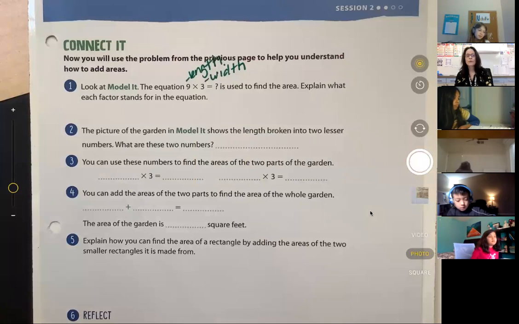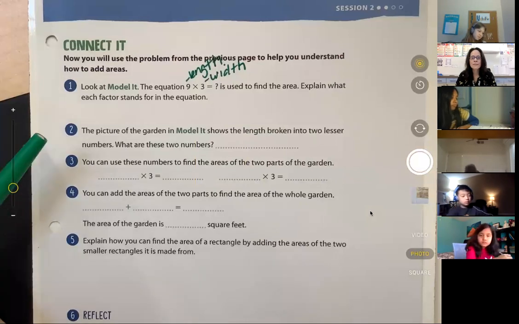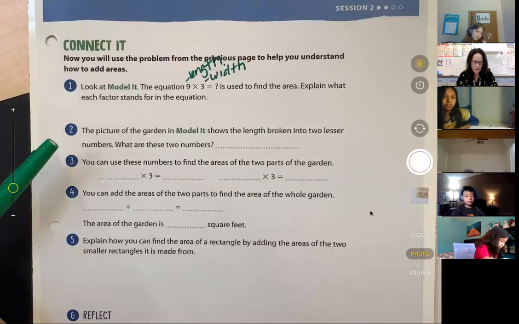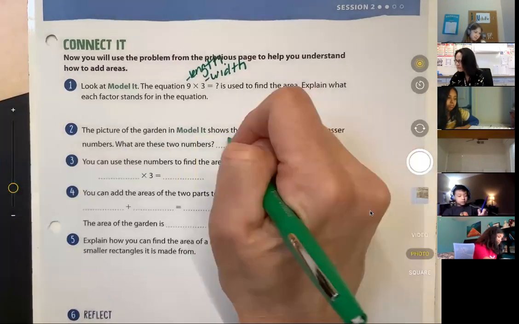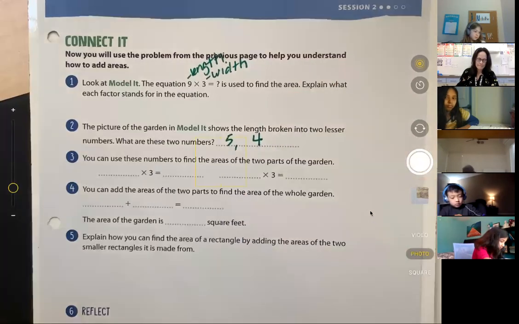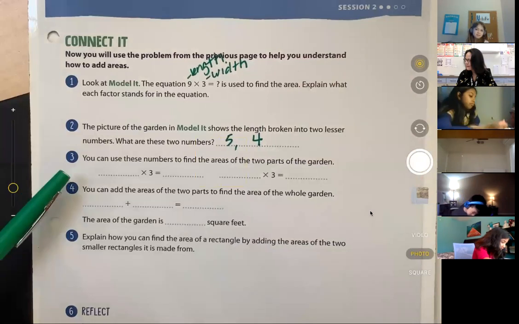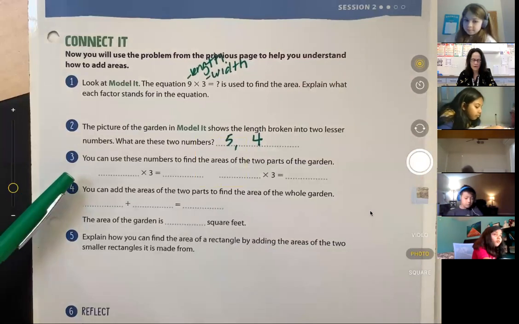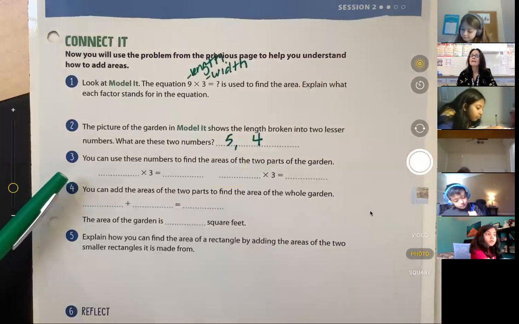And in number 2, it says the picture of the garden and model, it shows the length broken into 2 lesser numbers. What are the numbers? And of course, we found that with the tomatoes, it was 5. With the corn, it was 4. Then it says you can use these numbers to find the areas of the 2 parts of the garden. Always refer back to those models if you need to.